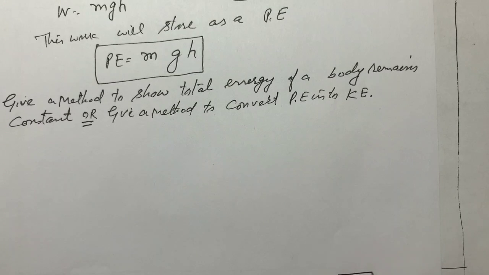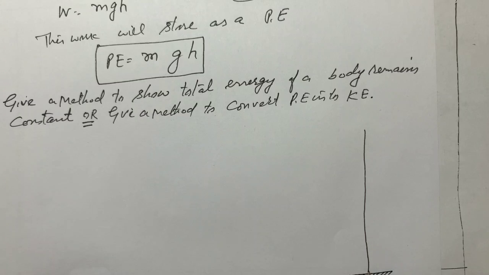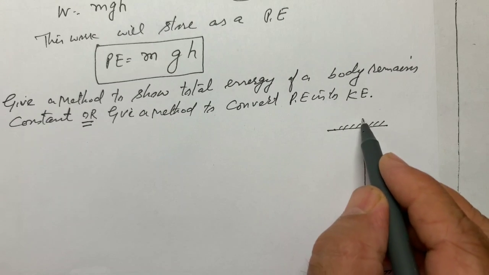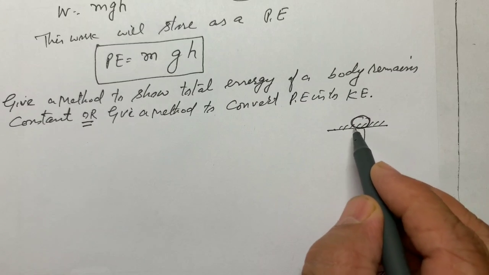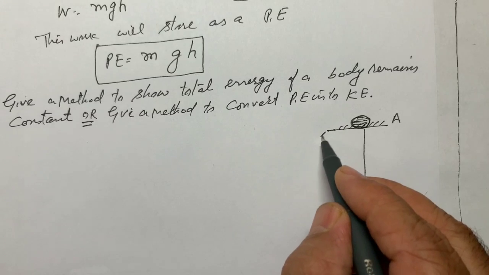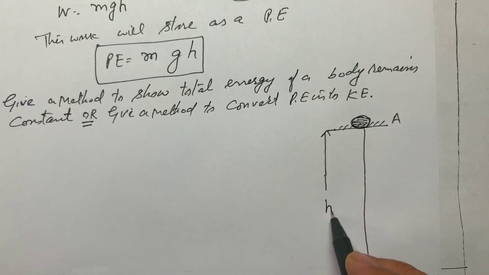Suppose this is the ground level. Suppose initially the body is present at this location, which is known as location A. Let the height of the level A from the ground be h.